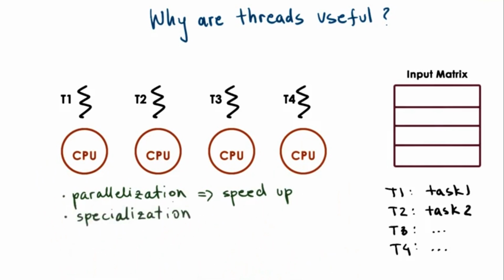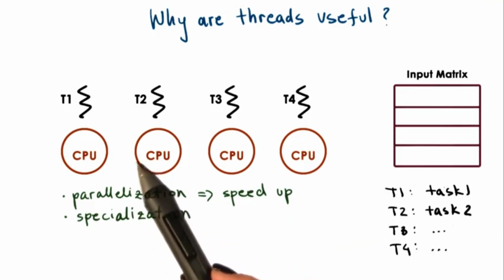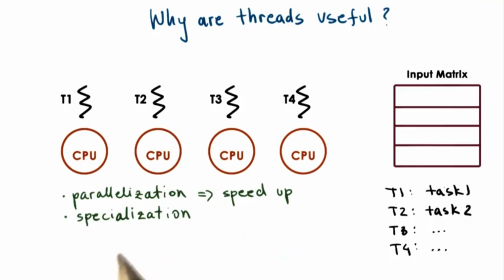By specializing different threads to run different tasks or different portions of the program, we can differentiate how we manage those threads. So, for instance, we can give higher priority to those threads that handle more important tasks or more important customers.